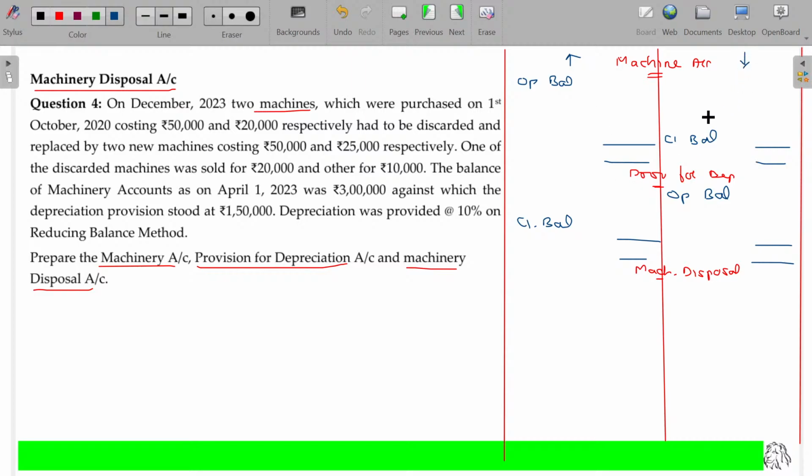If it decreases, it should be on the credit side. Anything that causes an increase in the machine account should be on the debit side, usually only the purchases, bank in bracket, purchases. And in case of sale, that sale is disposed or transferred to the machine disposal account. So machine disposal account here, that will come here, machine account.